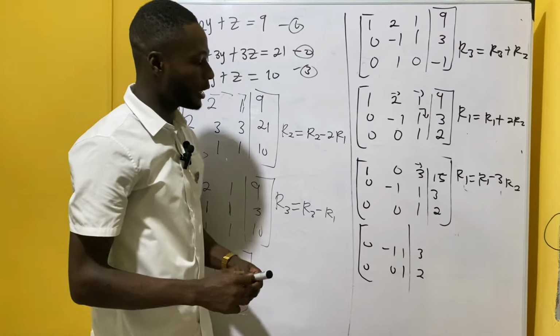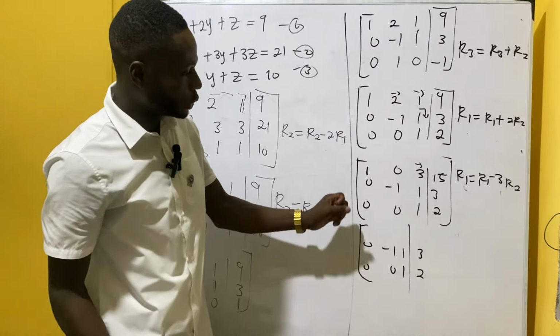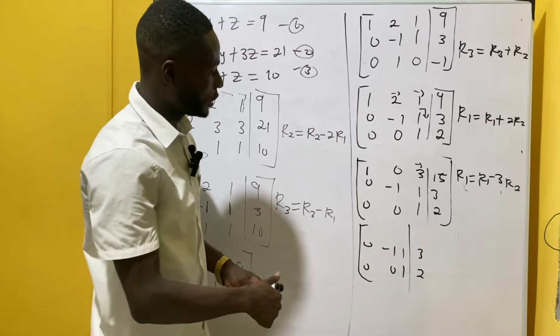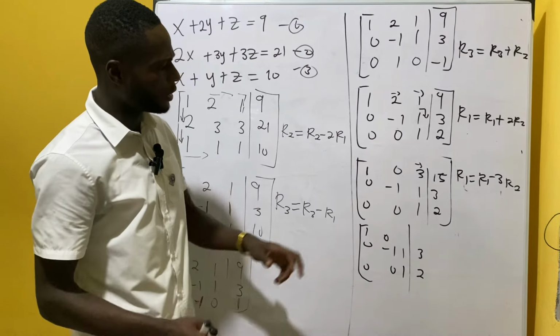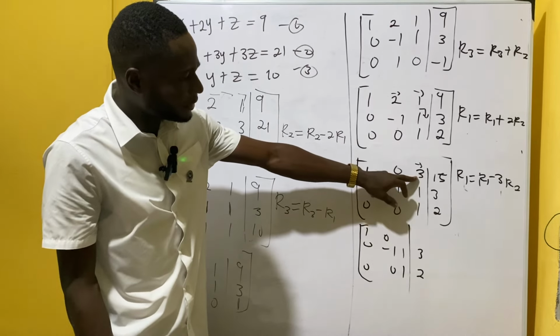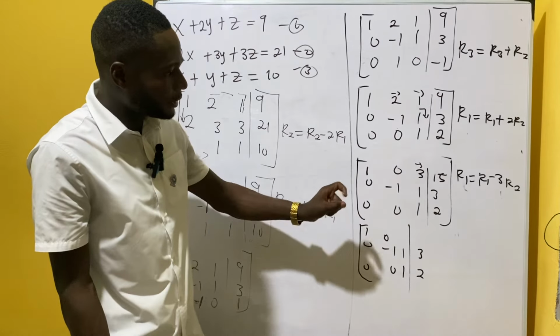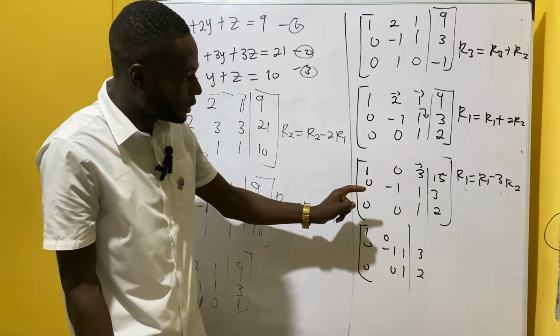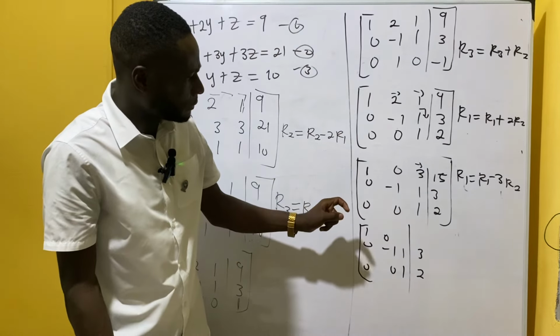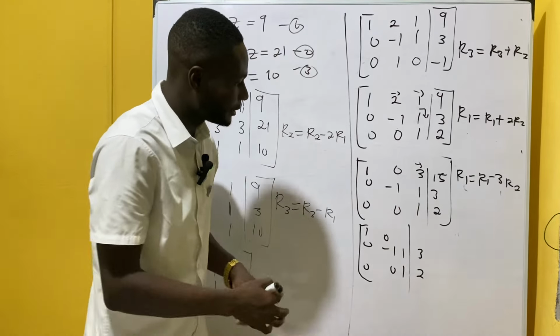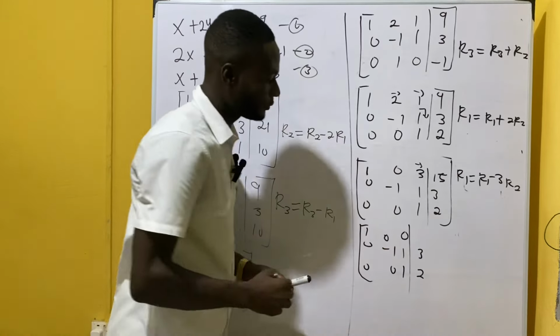So now let's move to eliminating this, right? So now we want to eliminate this 3, right? So we say that row 1, which is 3, minus 3 times row 2, and this part will give us 0, right?